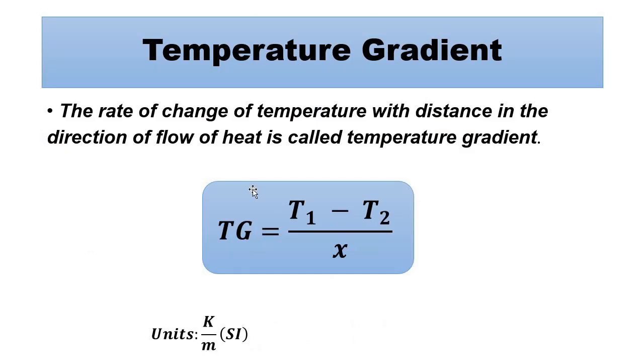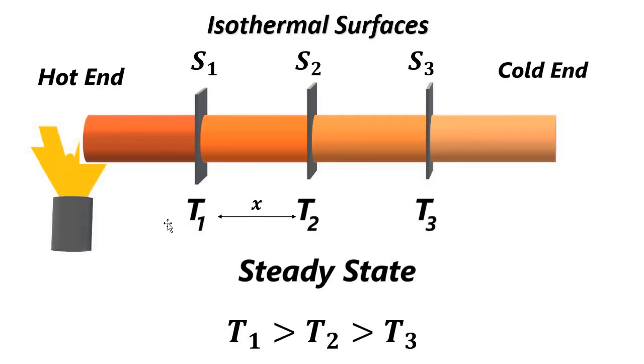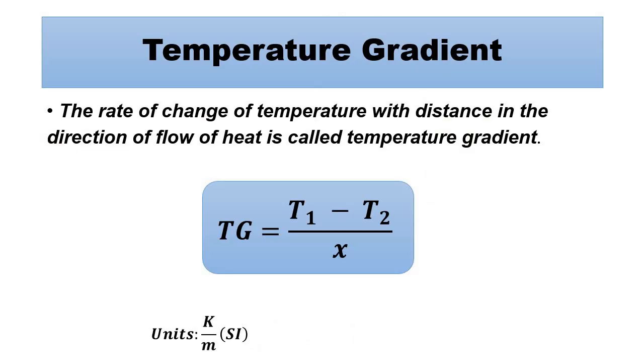It is the rate of change of temperature with distance in the direction of flow of heat. Here we know heat flows from an object at a higher temperature to an object at a lower temperature. T1 is greater than T2, so heat will flow in the direction from S1 to S2. So temperature gradient is also measured in that direction. T1 minus T2 by x, the rate of change of temperature with respect to distance in the direction of flow of heat, is called temperature gradient.